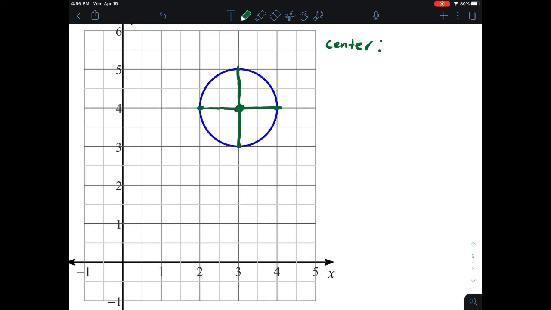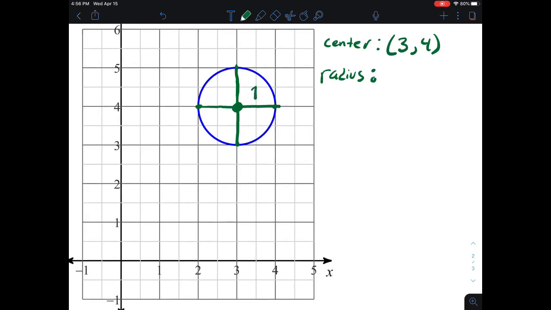Our center here is at positive 3 for an x value, positive 4. Then you go try to find your radius. Your radius here is 1 unit, because each little block represents a half. So I have a radius of 1.